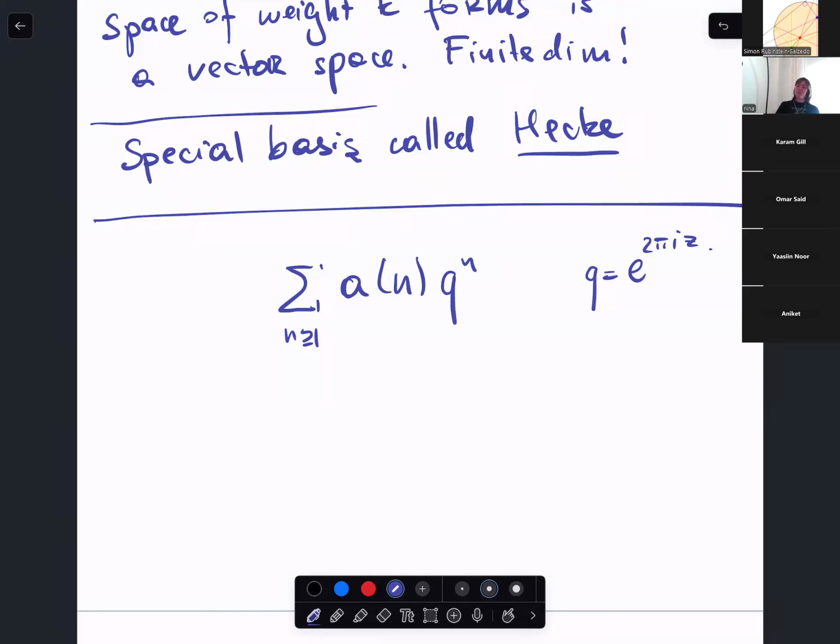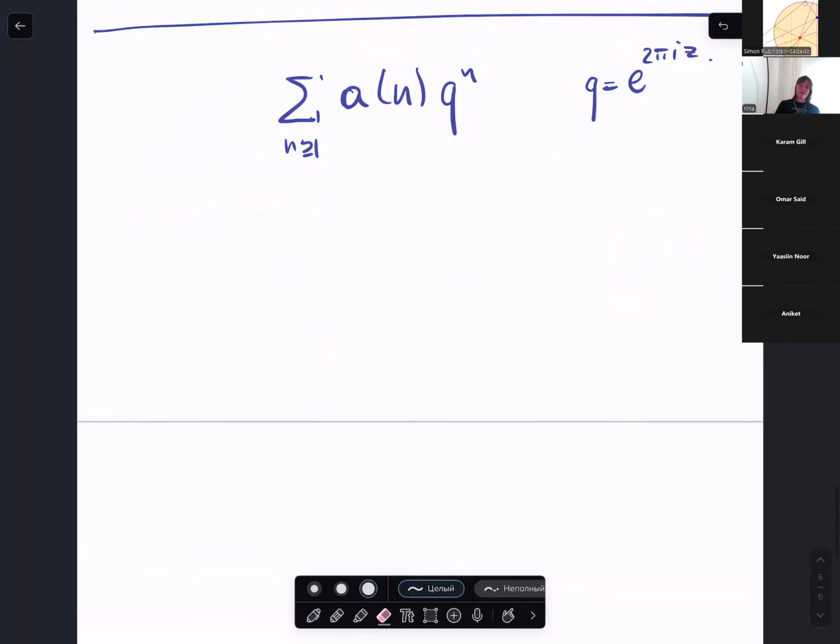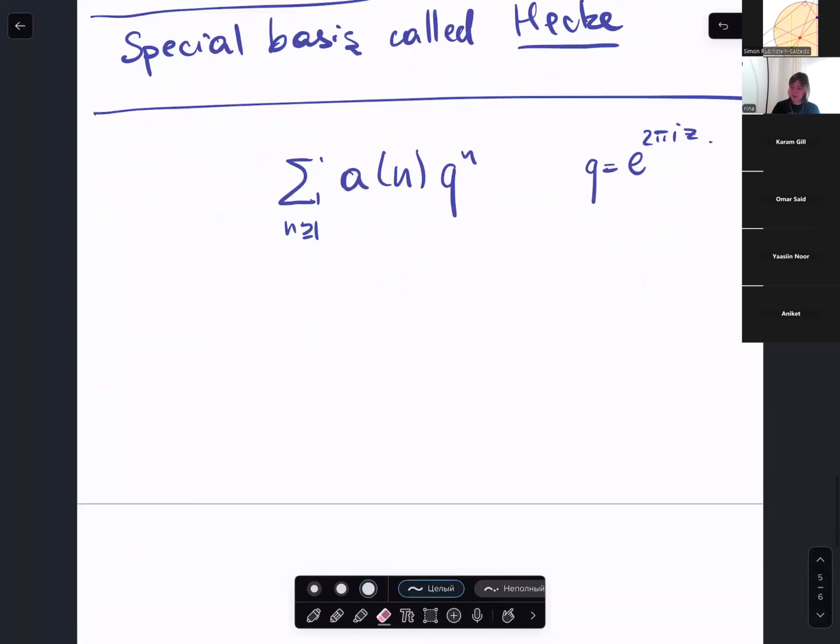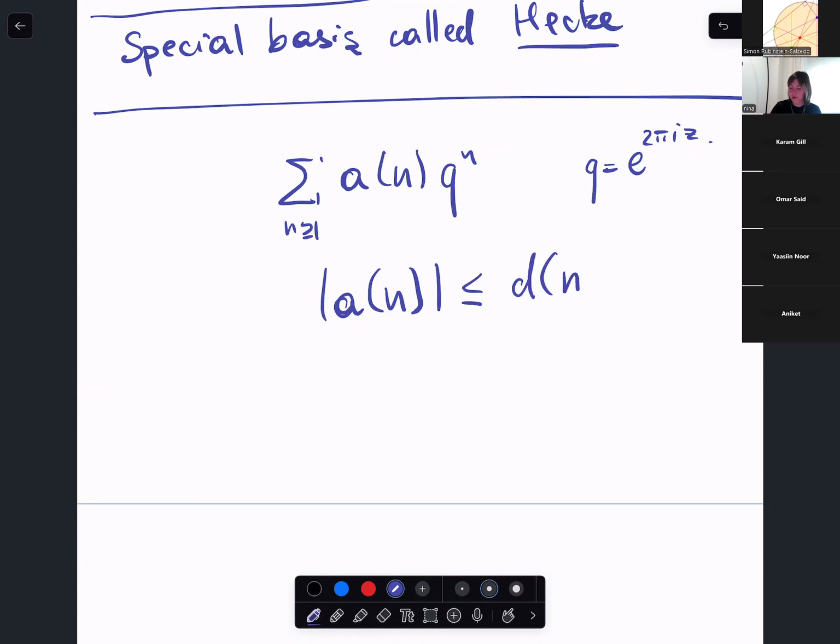So in terms of this variable q, you can always rewrite the modular form with this kind of expansion. And it turns out that for any modular form of weight k, it's always true that the absolute value of a(n) is less or equal to the number of divisors of n times n to the (k minus 1) over 2.